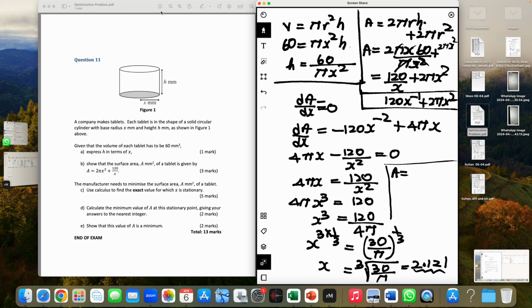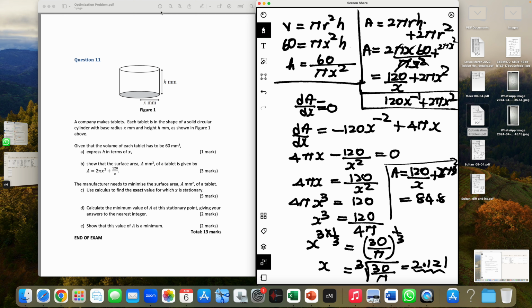Area is equal to 120 over x plus 2 pi x squared. If you substitute, it comes 84.8 something.